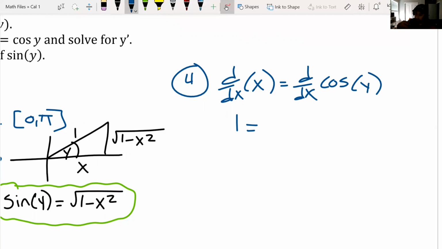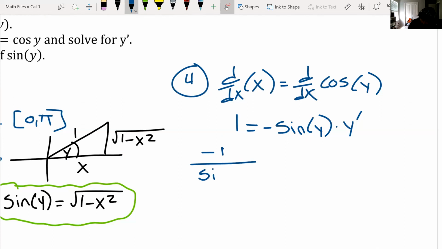So derivative of cosine, negative sine y, times the implicit derivative of the inside, y prime. Divide by sine, negative 1 over sine y equals y prime. And again, what is the value of sine of y?